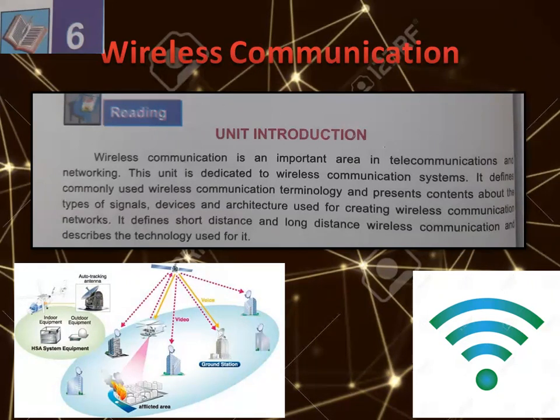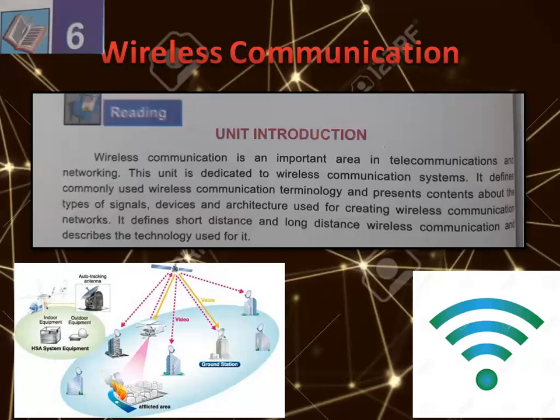So in this unit, dear students, we will discuss the detail of wireless communication: what is wireless communication, what components are included, and what devices, signals, and architecture are used. It also defines short distance and long distance wireless communication and describes the technology used for it.